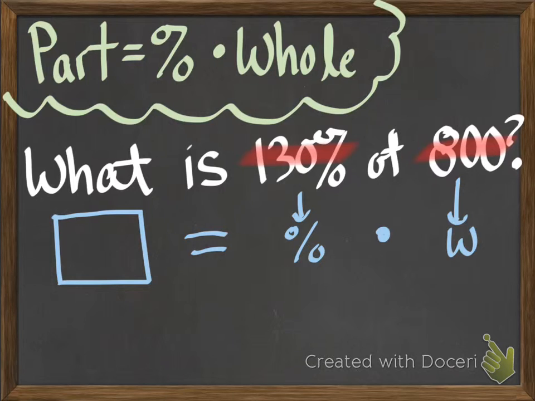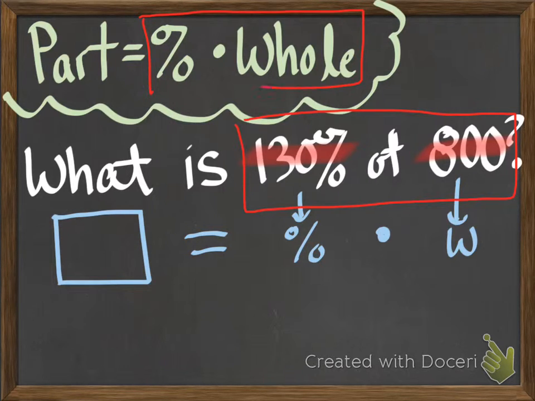So how do I know 800 is my whole? Because of this phrase right here where it says 130% of 800, of means multiplication. So I'm doing a percent times a number. Where do you have a percent times a number? Well, right over here, percent times a whole. So my 800 must be my whole.